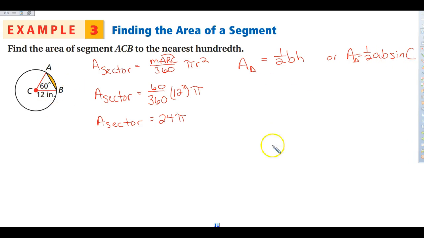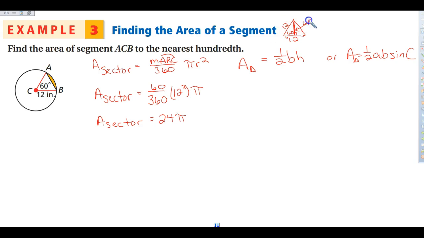So if I want to use 1/2 base times height, if I look at my triangle, I know that this is 60 degrees. I'm told my radius is 12, which makes this piece also 12. Well, I can draw in the height of the triangle here, and I see that makes this 6. I have a 30, 60, 90 triangle.